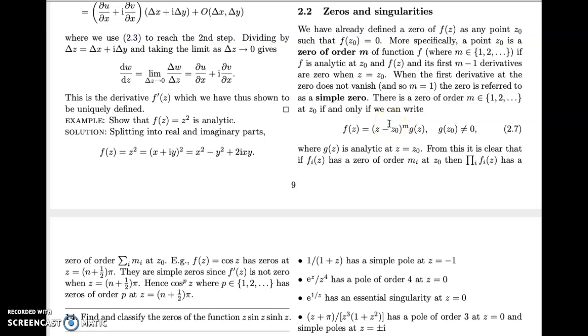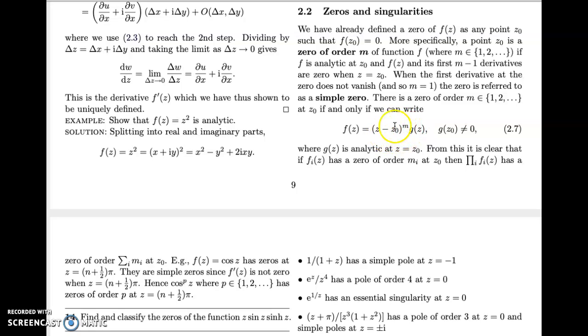So a more useful description of a zero of order m, which is also true, is that if it's a zero of order m, then you can always write f of z is equal to z minus z0 to the power m times g of z, where g of z0 is not 0.